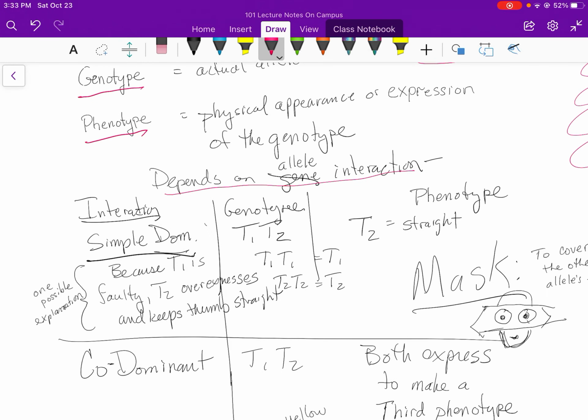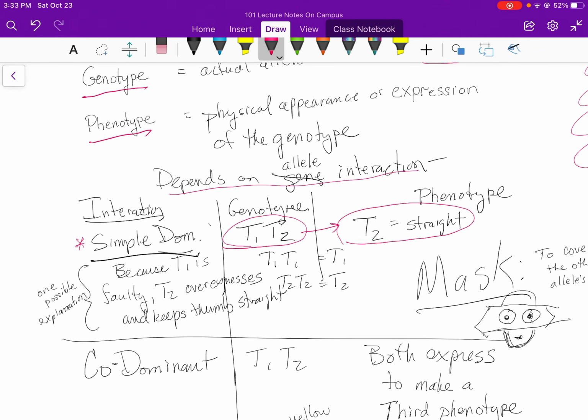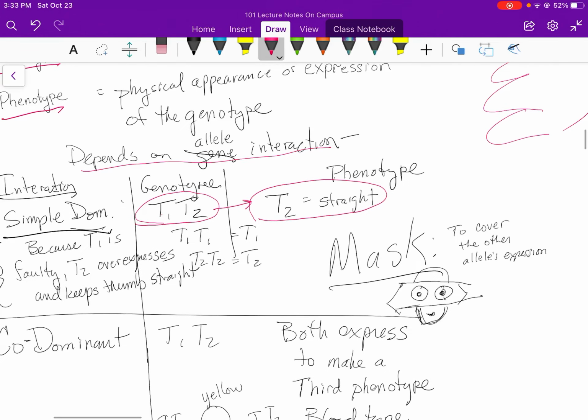One kind of interaction is called the simple dominant one. What that means is, in the simple dominant case, an individual can have a T1, T2 genotype, and yet they have the straight thumb. What this means is that T2 is expressing over T1. So we use this cool word down here: masking, which means to cover the other allele's expression.